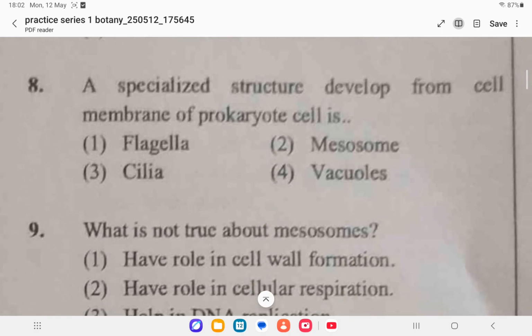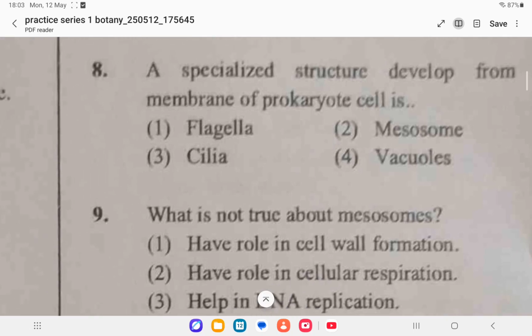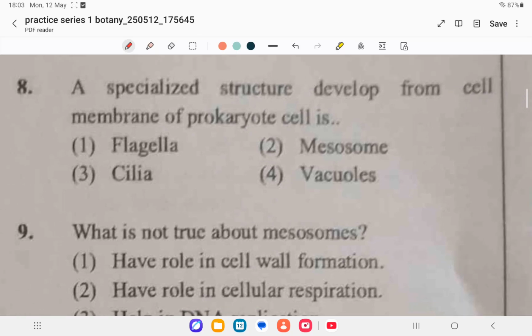Question number 8. A specialized structure developed from the cell membrane of a prokaryotic cell is? The answer is option 2, mesosome.